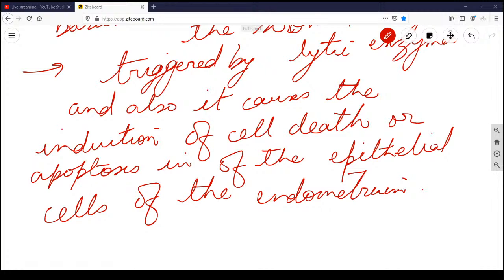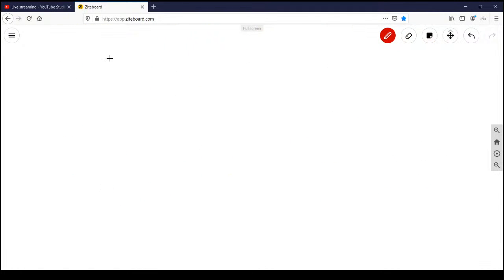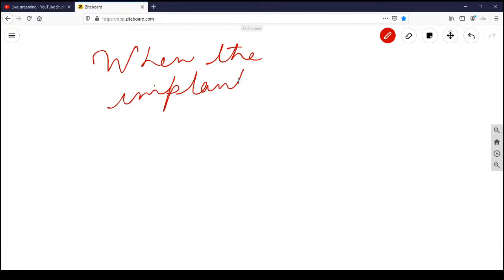One lineage is known as the hypoblast, one lineage is known as the epiblast. Always remember. When the implantation process is complete, then I'll tell you the specificity of chorionic villi that is given in the NCERT. The question comes a lot in the board examination.